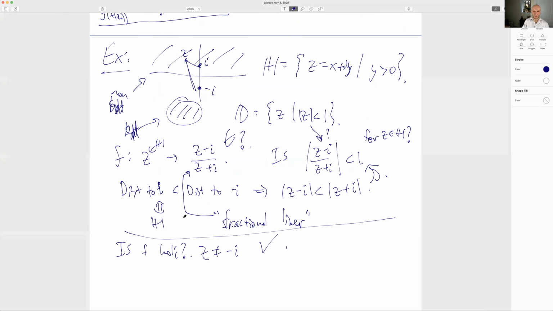How about the derivative? Does the derivative vanish? Or is there an inverse function that's holomorphic? There's a variety of ways of trying to do this. So what's the inverse function? If w is equal to z minus i over z plus i, then z equals what?